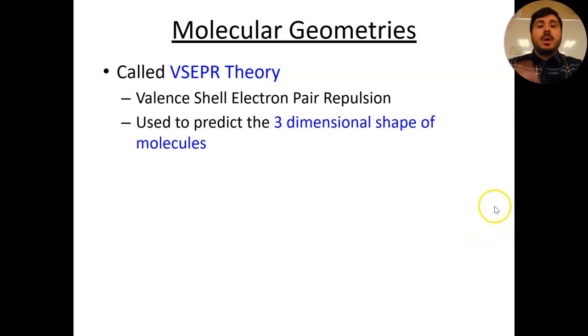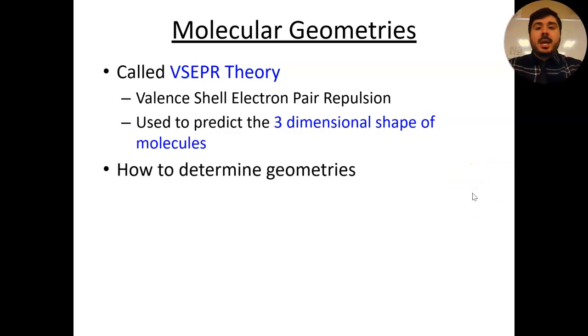So they're not just the 2D image we've been drawing on our pages. And that's the purpose of that covalent molecules lab that we did recently, building those molecules and looking at how they're arranged in 3D space. That's what we're going to be doing today, talking about molecular geometry. Also, getting through today's material in this lecture video is going to be our opportunity to finalize our covalent molecules lab.